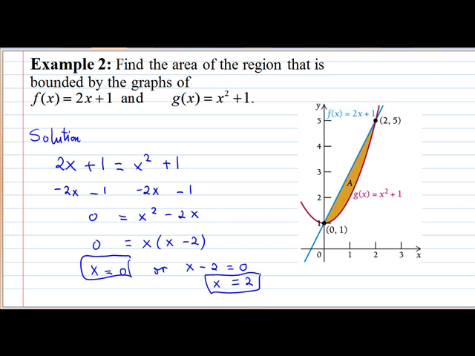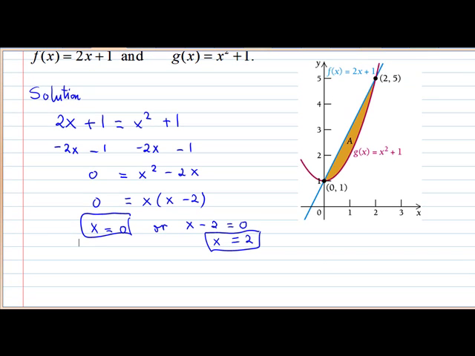And we know that f of x is greater than g of x because the function f is the upper function and g is the lower one. Or you can say that f is the outer and g is the inner of your area. It's the area here.